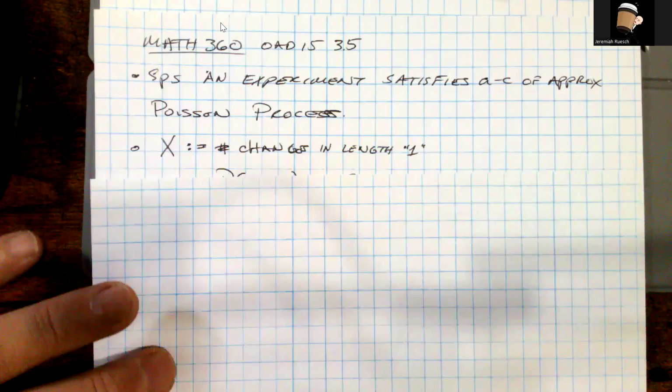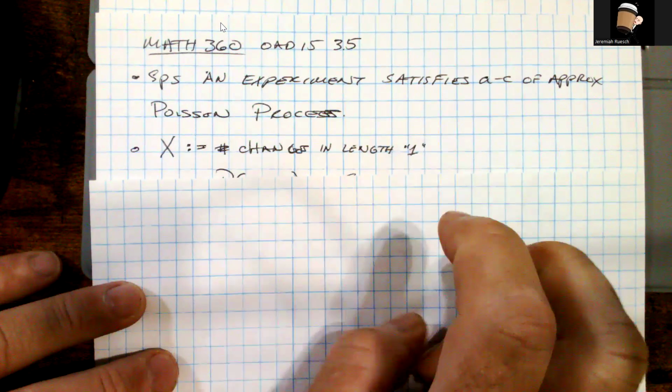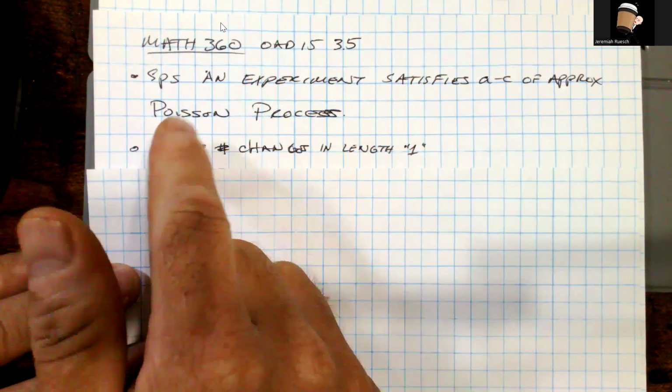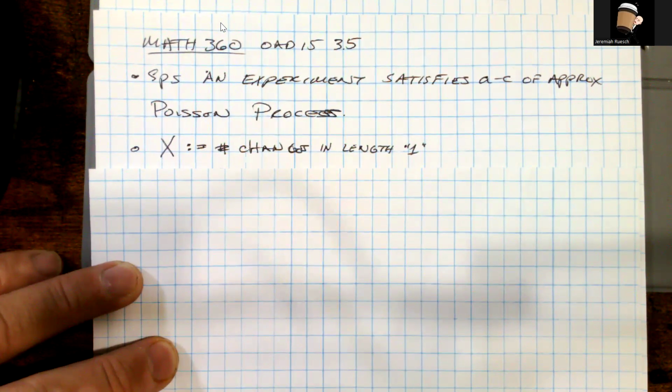And then we're going to let x equal the number of changes in a length of 1 here. And 1 is in quotes because we want to make 1 sufficiently small so that it satisfies the Poisson process, specifically that the number of changes in non-overlapping intervals are independent.